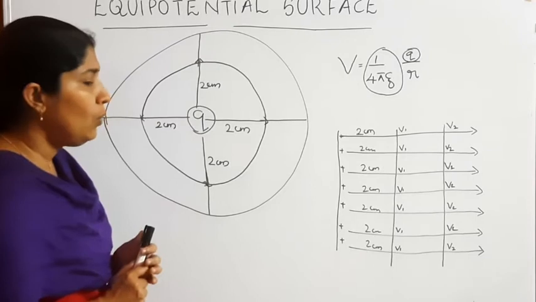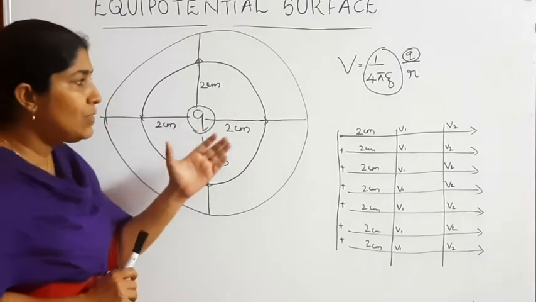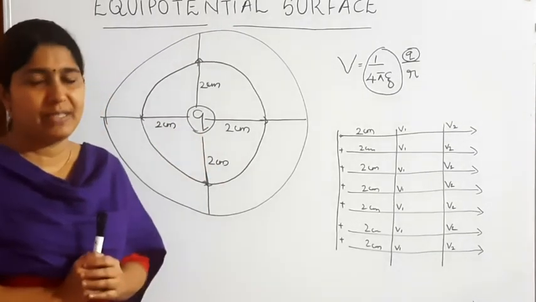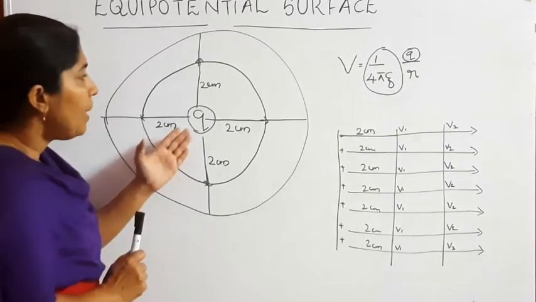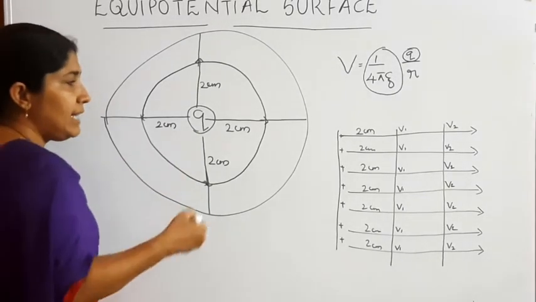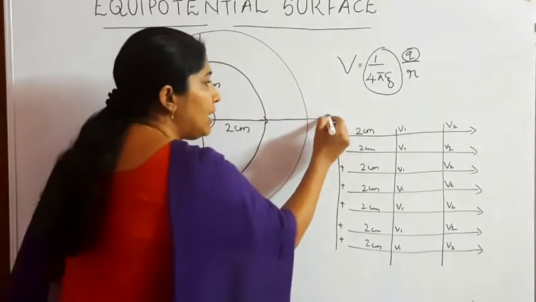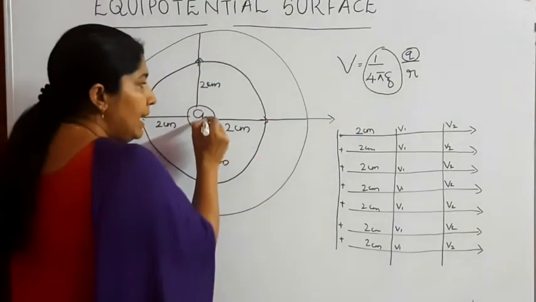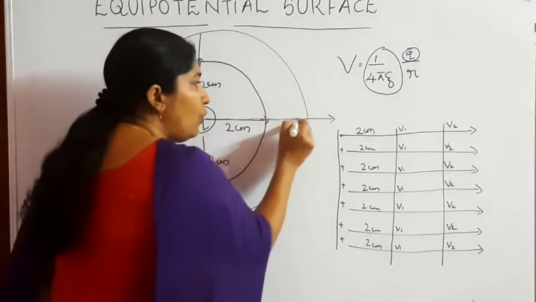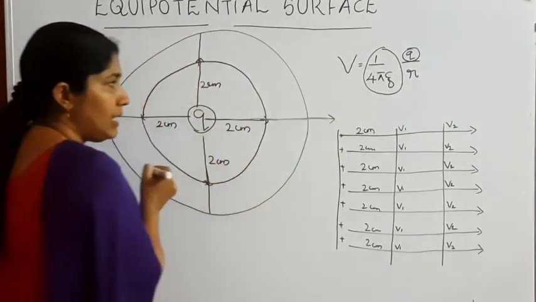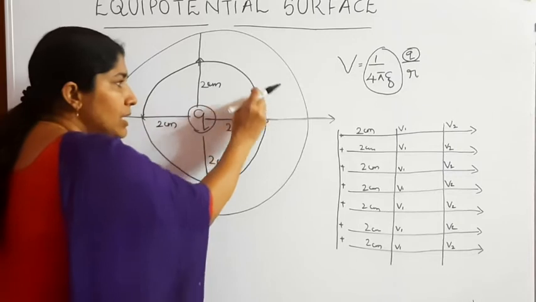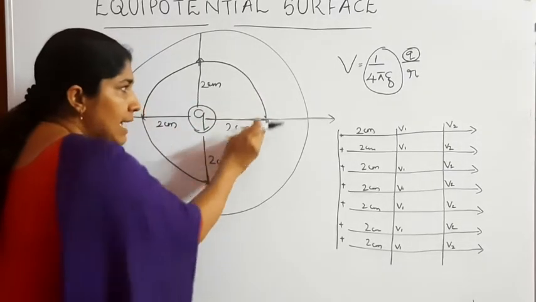Now, what are the properties of this equipotential surface? From the figure itself, we can see the relation between the equipotential surface and electric field lines. Electric field lines are emerging out from the positive charge, and the equipotential surface is just like this.